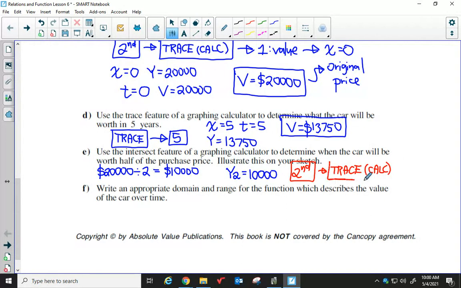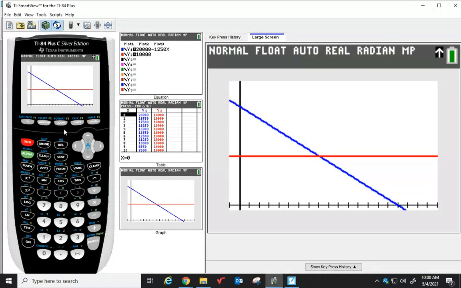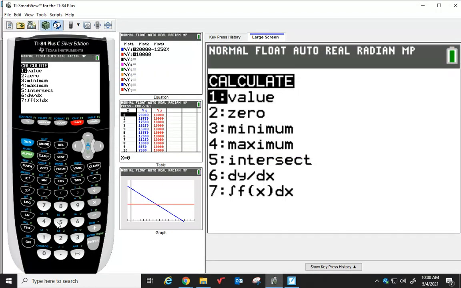And this time I want to use the intersect feature. So I think that's number 5. Okay, so let's go back and do that. We hit second, we hit trace, we pick option number 5.